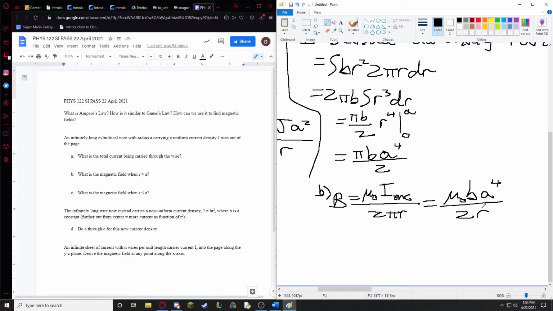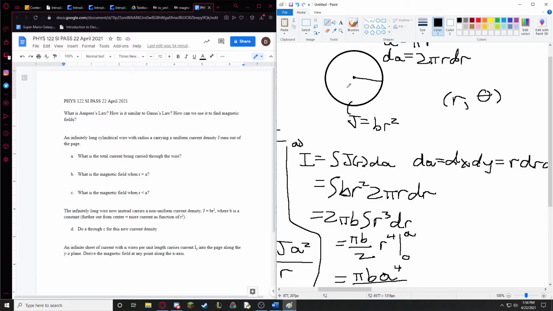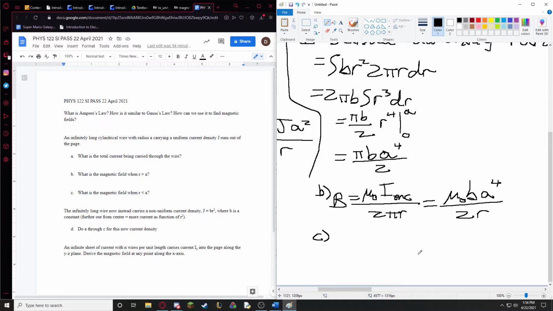So now, how do we find our magnetic field inside the wire when r is less than a? How do we find our enclosed current? Wouldn't it be the same process as we had here?